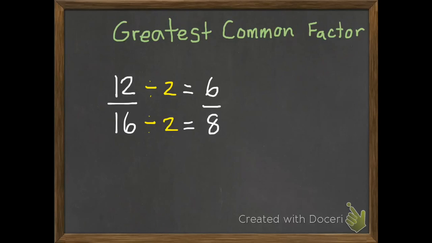This one we could still divide. Again, divide by 2 and get 3/4. And finally, 3/4 is the simplest. But we don't want to have to keep dividing 2, 3, 4 times. We want to get this done all in one swoop. So we use something called greatest common factors.